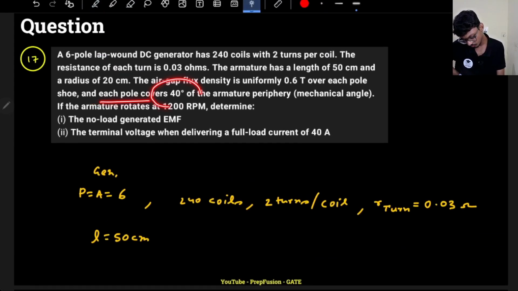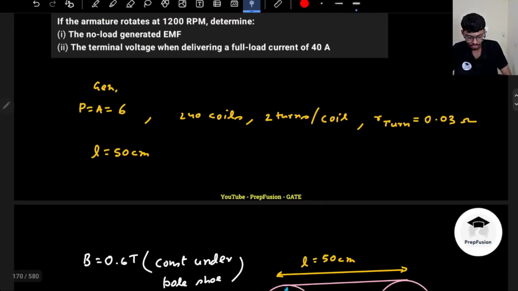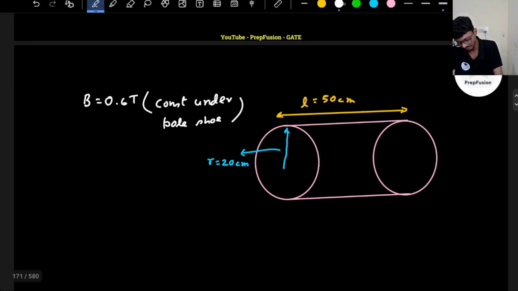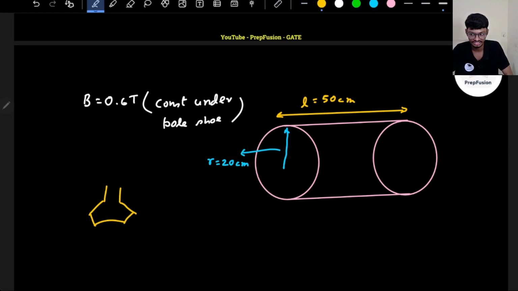Each pole covers 40 degrees of the armature periphery in mechanical angles. So each pole will cover 40 degrees. I have a pole here, and under the pole shoe the flux density is constant, and each pole covers 40 degrees mechanical.